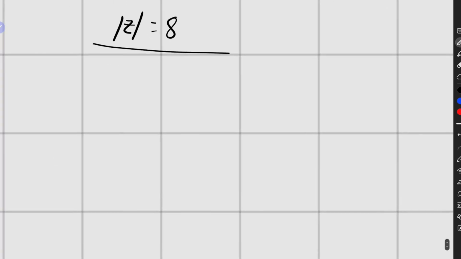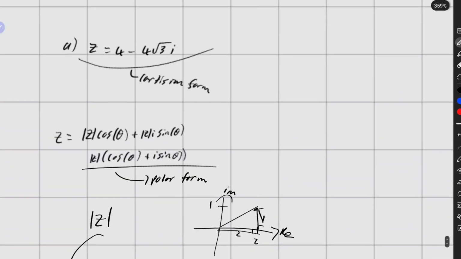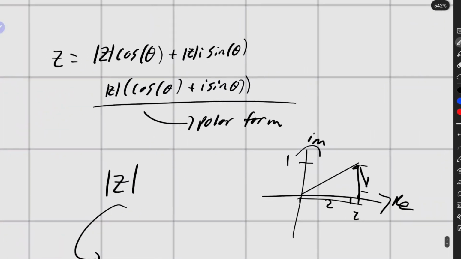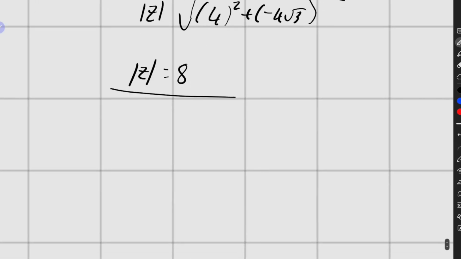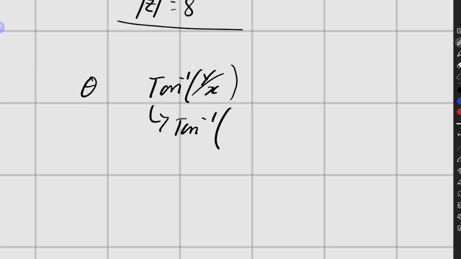That's all that is saying. So now you've established your modulus of z. Now remember that the formula asks for theta as well. To calculate theta, it's just going to be tan y over x, or because we're now in the complex plane, it's going to be tan inverse of imaginary on real.